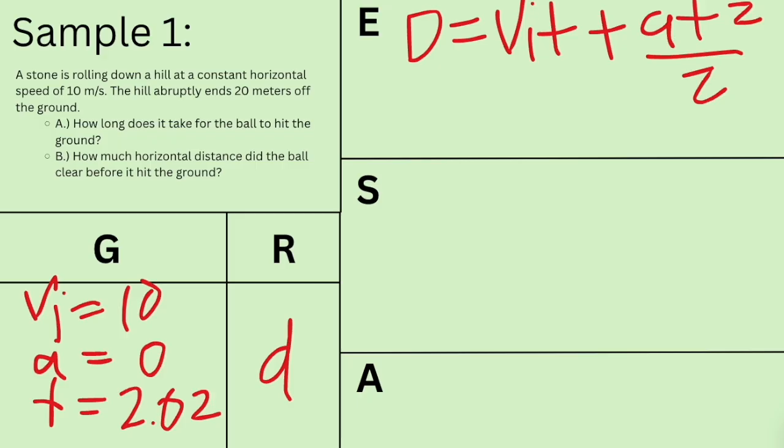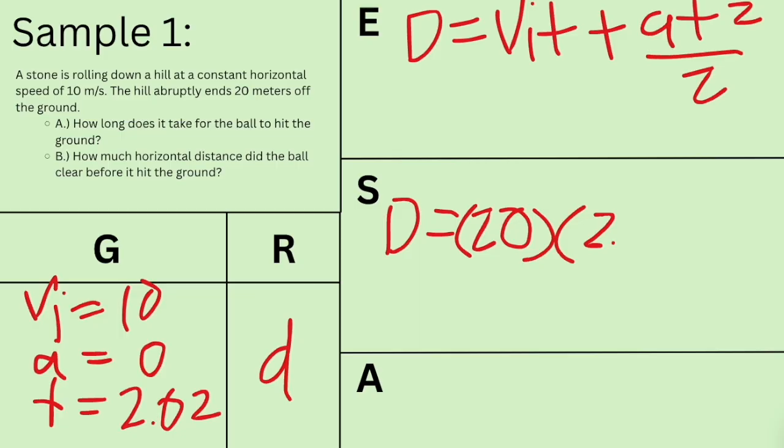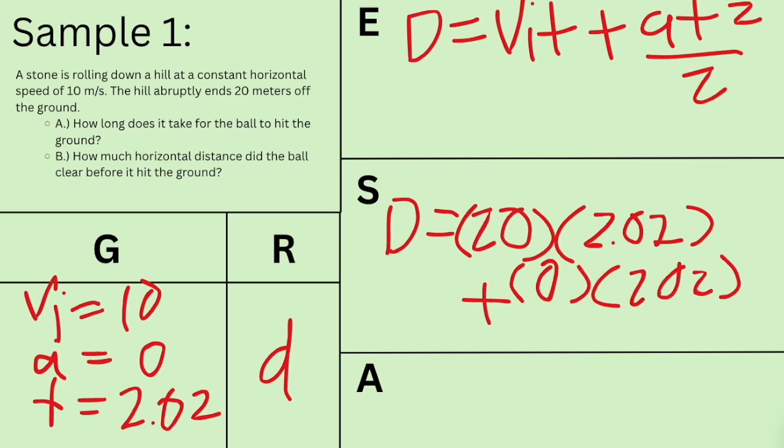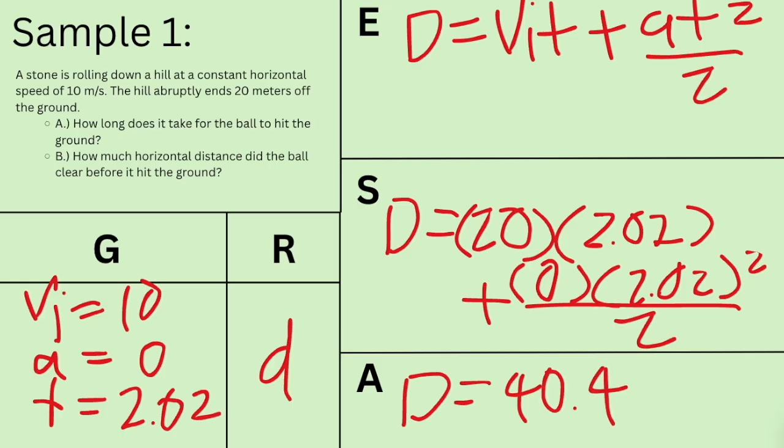We will get D equals 10 multiplied by 2.02 plus 0 multiplied by 2.02 squared over 2. When we simplify this, we will get d equals 40.4. So now we know that the distance covered horizontally was 40.4 meters.